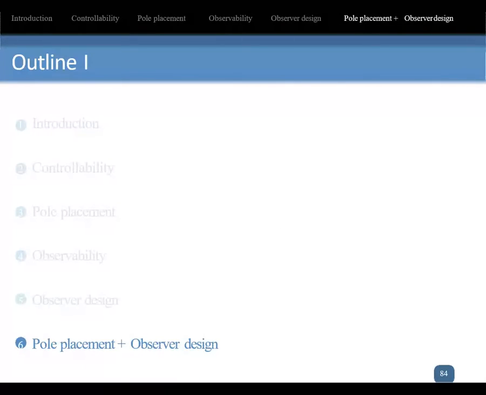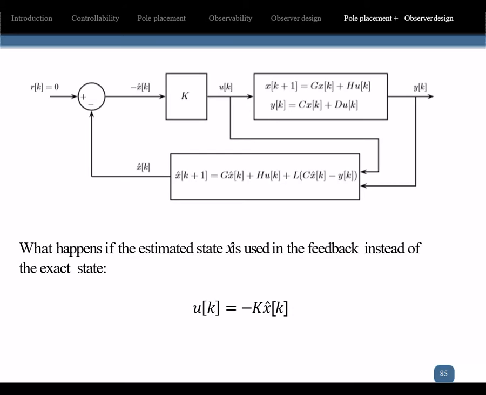Pole placement plus observer design. If I draw both systems together, you can find this. This is my system with the input and the output state feedback. You can find the observer, and if R(k) is equal to 0 with the gain K, you can find u(k).